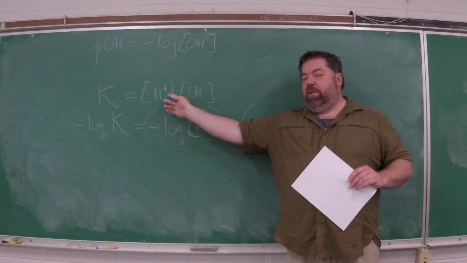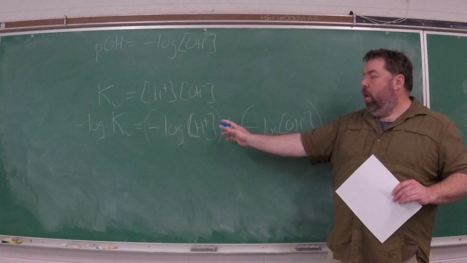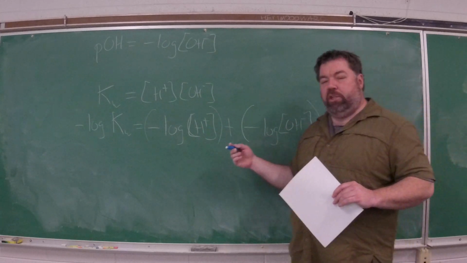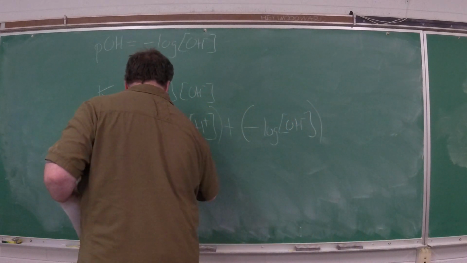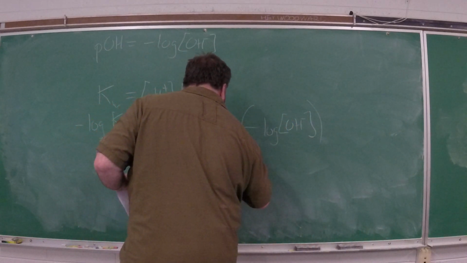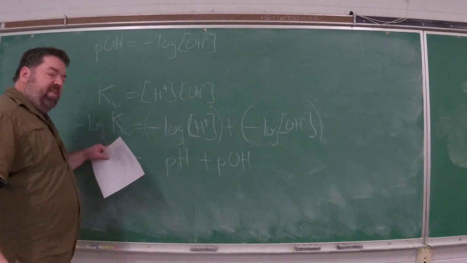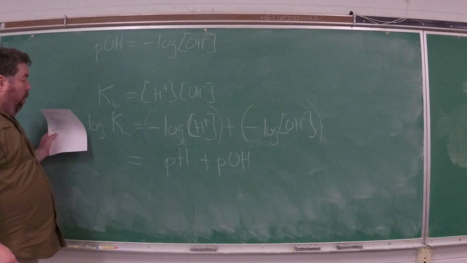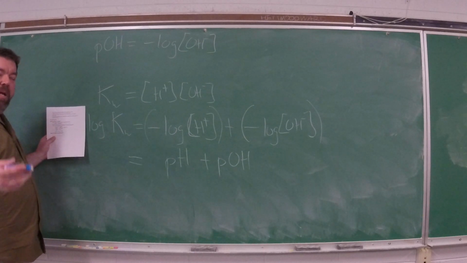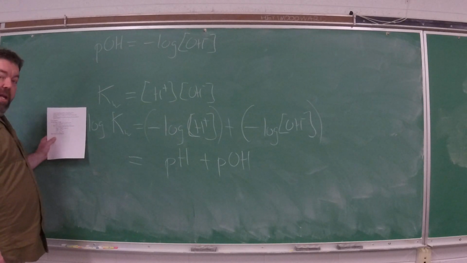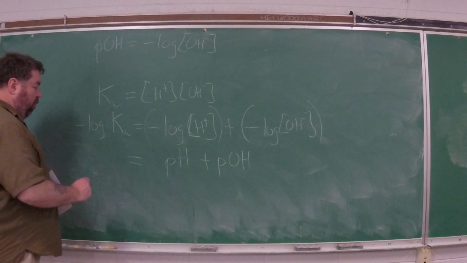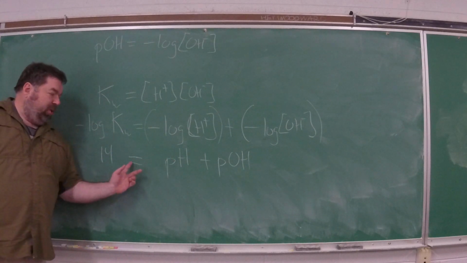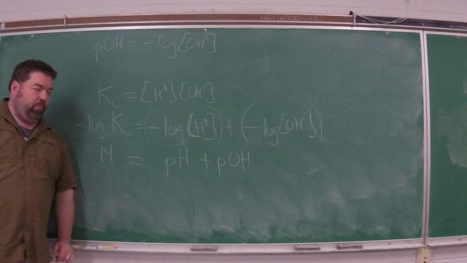You take the log of both of these, but you can split them up, it's like adding them instead. Well, what is this? This is pH. What is this? This is pOH. What's Kw? Kw is 1 times 10 to the minus 14. You take the log of 10 to the minus 14, you get minus 14. You have that minus there, so you get 14. So basically, long story short, pH plus pOH equals 14.